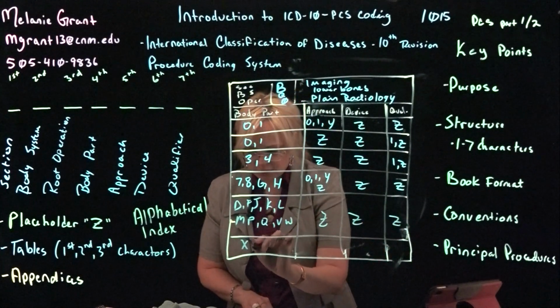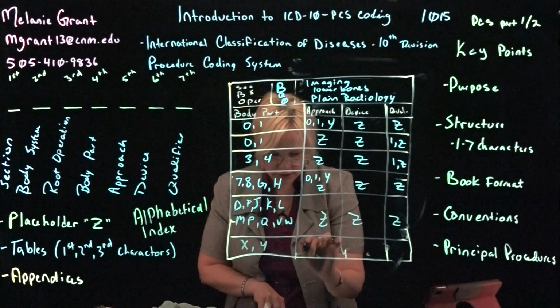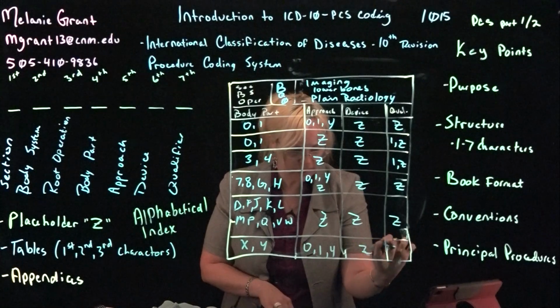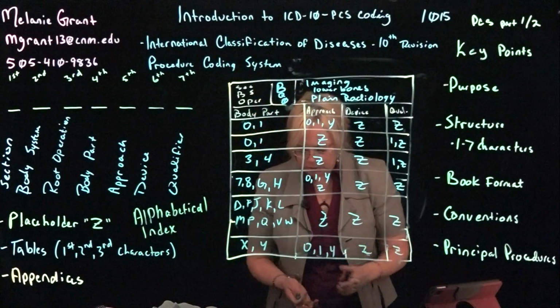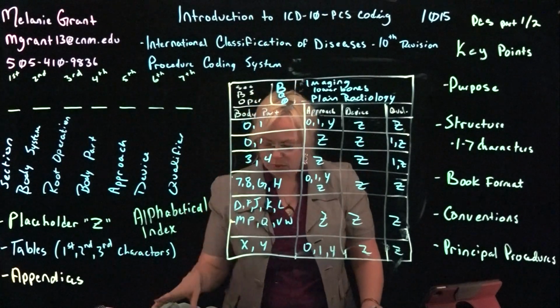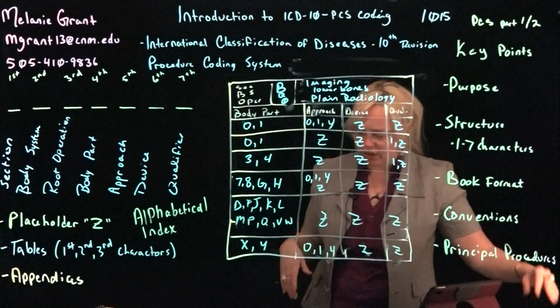And then our last one under this table is X and Y, 0, 1, Y, Z, and Z. So you should have been following along with me in your textbook. If you had this online, make sure that you have these pulled up when we're talking on these videos.